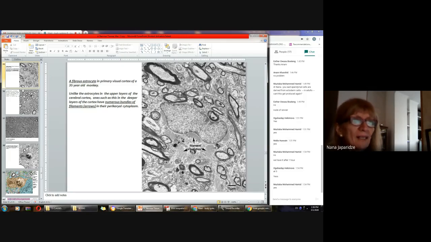So the fibrous astrocyte is surrounded by neuropil. And what you have here in the neuropil, look, this is process number 1 of the astrocyte, process number 2 of the astrocyte. This is the cytoplasm of the astrocyte body, very active cells. And you see here transverse sections through the myelinated axons and through the unmyelinated axons too.